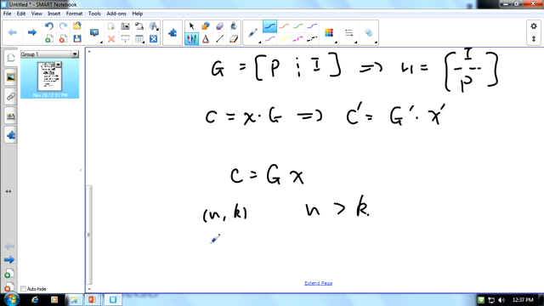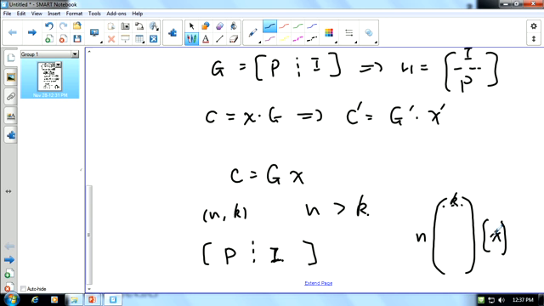Wide matrix means the matrix has more columns than rows, and that's our notation, P and I, or I and P. If it's a tall matrix, it has more rows than columns, so we have k columns, and you need to put the length k vector x here to get a length n codeword. That's the book's notation.